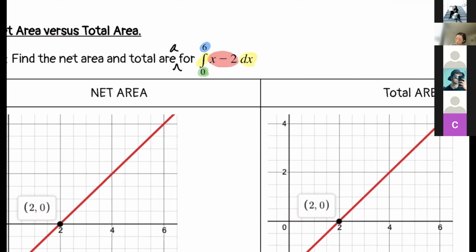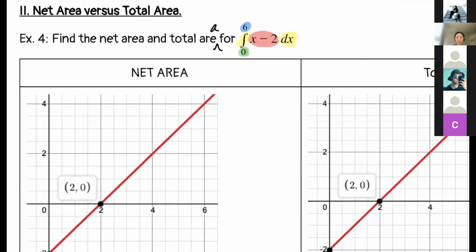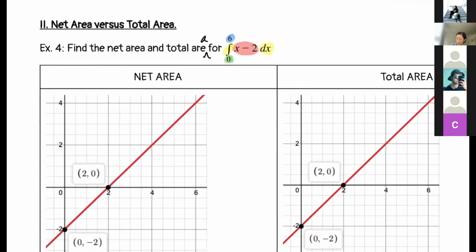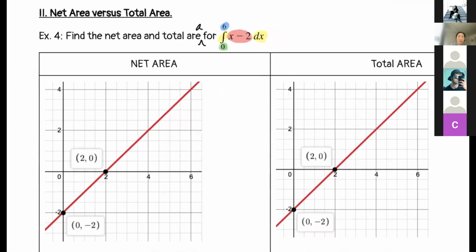And luckily, Desmos has created a graph for us, so we do not need to worry about graphing. But the net area is another example, very similar to what we did just now in terms of finding the shapes and using antiderivatives to find an exact area.